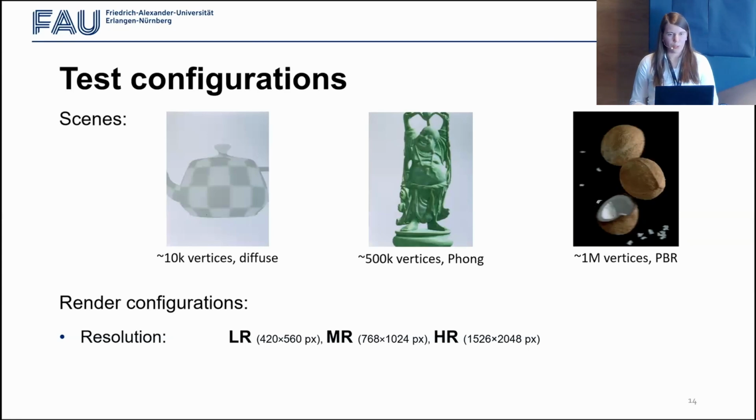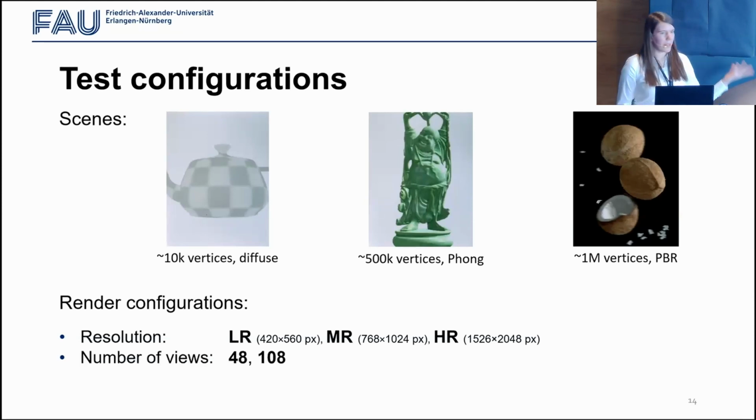The low resolution configuration correlated with the real-time recommendation from the manufacturer. The medium resolution configuration correlates with the offline rendering recommendation from the manufacturer. And for the high resolution configuration, we just try to push it as much as possible by using the native display resolution for each individual view. And then we also varied the number of views between 48 and 108 views.